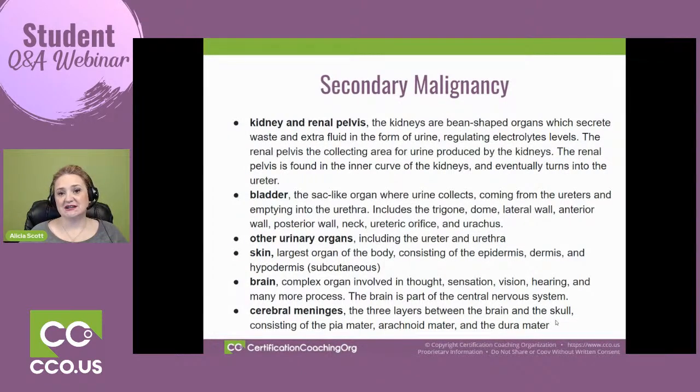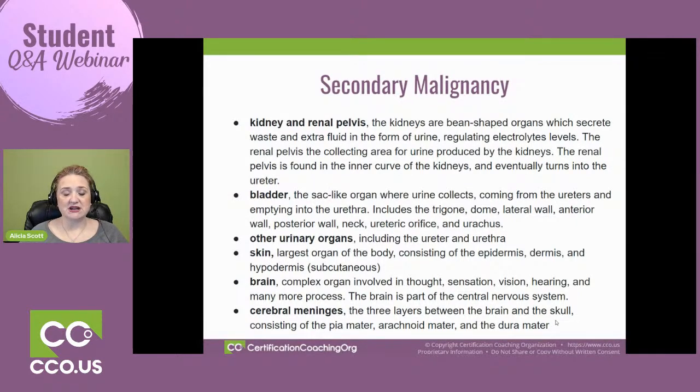Where do secondary malignancies like to go? Now, I took this from Find a Code, and I have that resource listed for you, but they divided up the most common areas, and this is off of the breast cancer code.